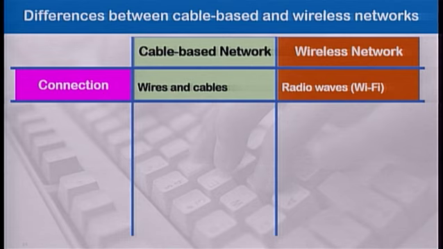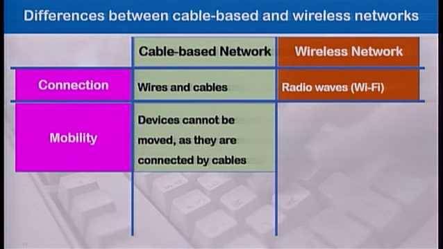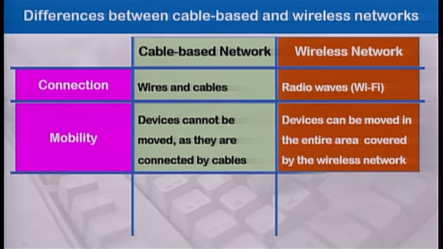Next, we consider mobility. In a cable-based network, devices cannot be moved as they are connected by cables. On the other hand, devices in a wireless network can be moved within the entire area covered by the wireless network.